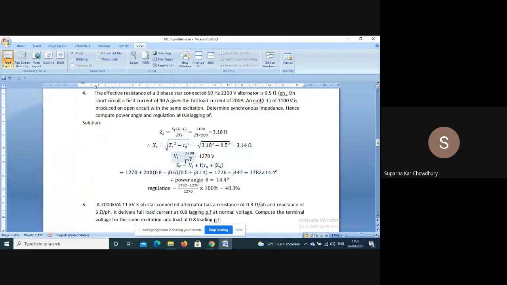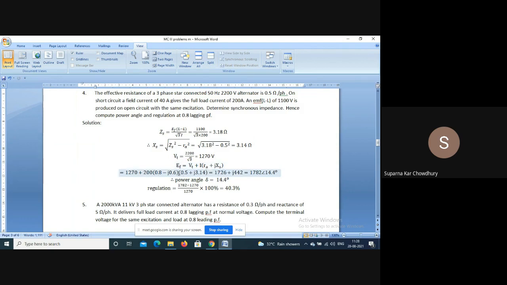So VT, the rated voltage per phase, is 2200 by root 3 volt. So EF we can calculate from this equation. This VT is known, IA rated value is 200 at 0.8 power factor lag. So this will be the current and this is the impedance.